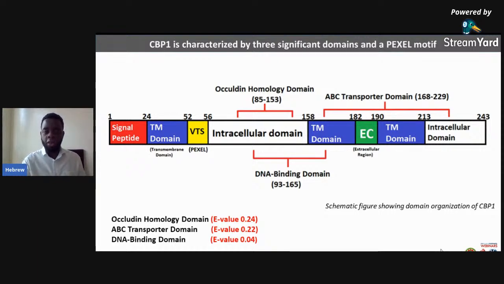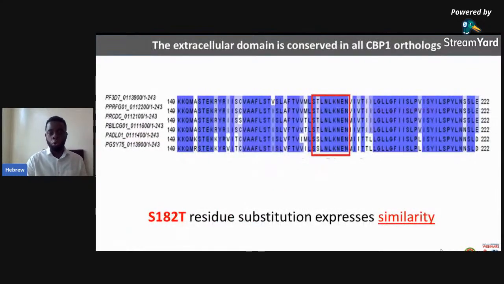As well, as you can see, region 182 to 190, which is shaded in green, is the extracellular region. We're able to get the exact array of sequences of amino acid residues which characterize this region. And as you can see, it is an 8 residue extracellular region.